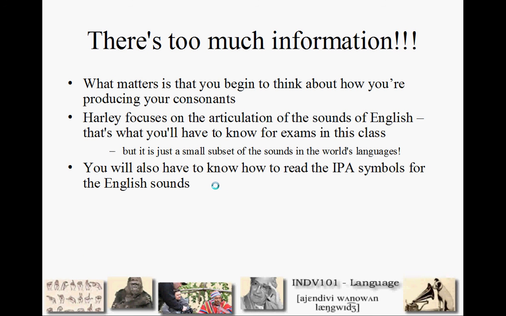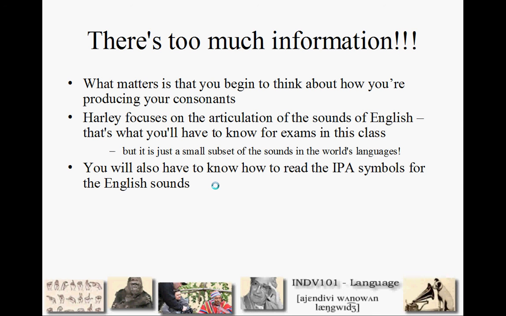So this may seem like a lot of information covered in this lecture. It's a lot of technical information, and it can be kind of confusing if you don't have someone sitting there with you helping you practice these sounds. But what really matters is that you start to think about how you're producing your consonants. So give that a little practice.